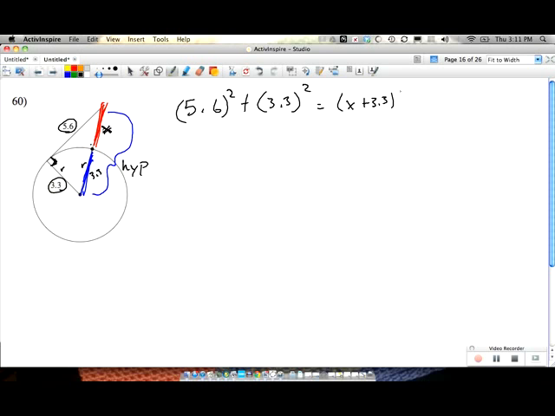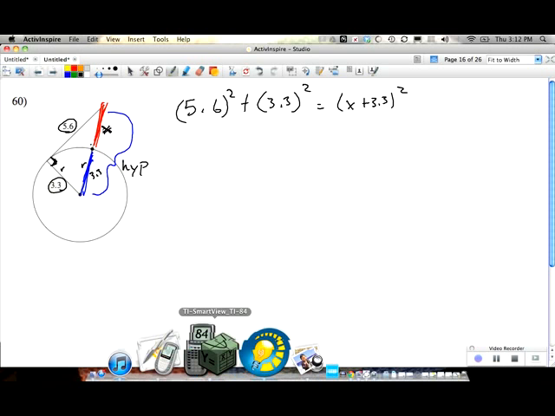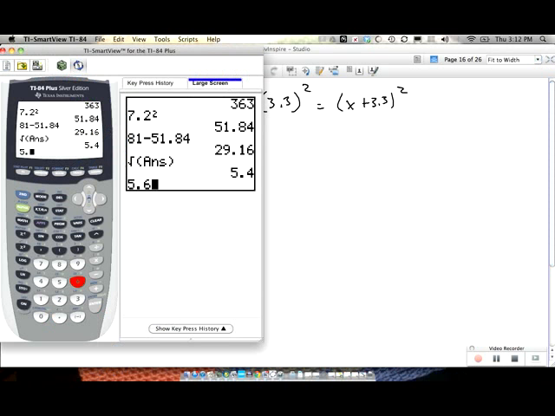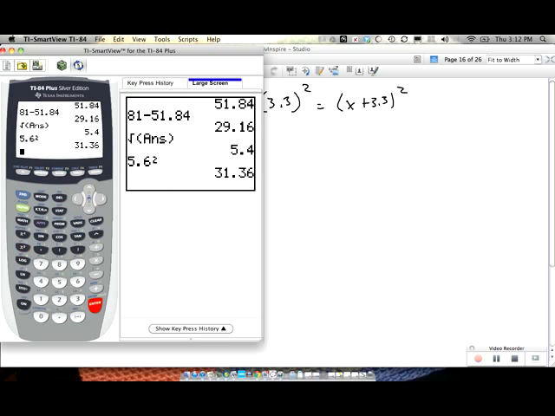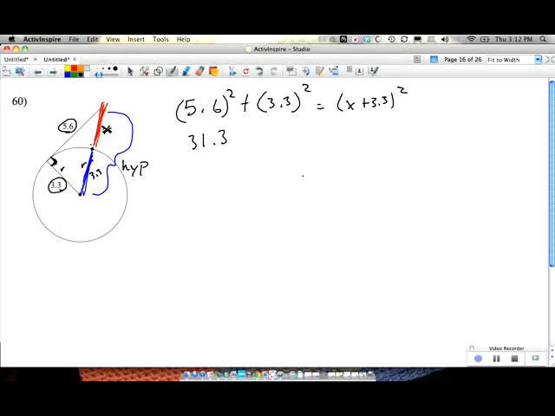All right, so let's see what we got. 5.6 squared is 31.36, and 3.3 squared is 10.89.